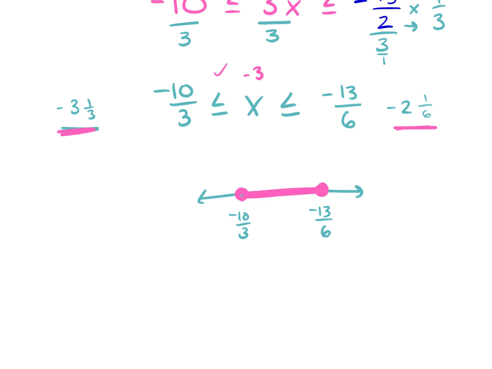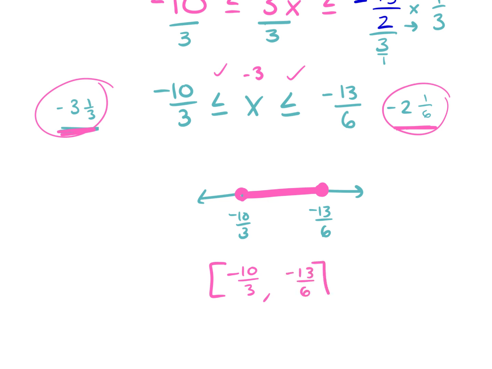Negative 3 is less than negative 2 and 1/6, so that's true. So it might help just to look at your mixed numbers when you're checking. Find a whole number in between. How would we write this in interval notation? Bracket negative 10 over 3, comma negative 13 over 6 bracket. So these are our answers.